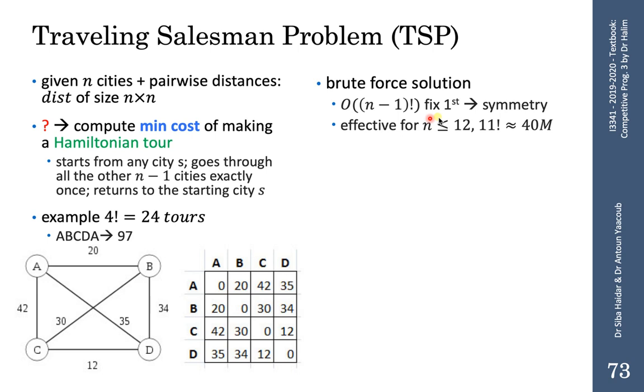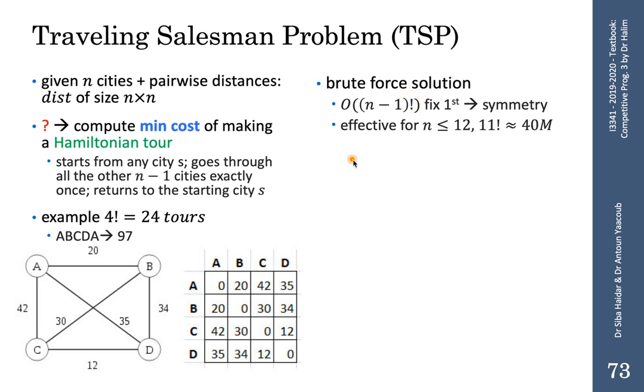So you can fix the first city. You take a first city of your choice, for example, always A, and then you still have n minus 1 factorial ways to visit all the other n minus 1 cities. So this is not an effective solution because this is a factorial.